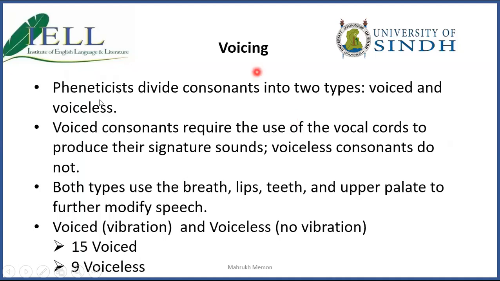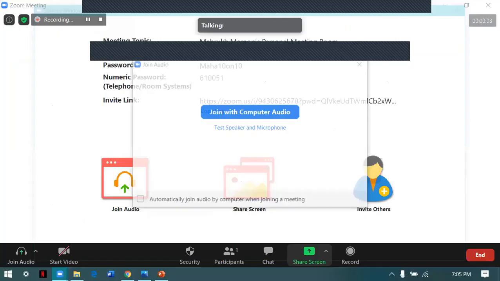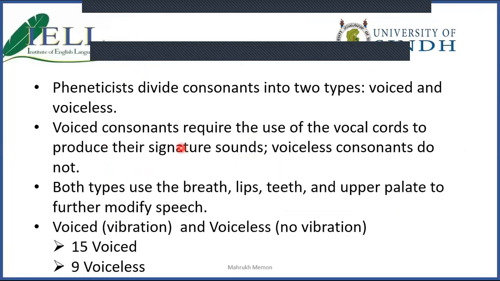So basically, phoneticians divide consonants according to voicing into two types, voiced and voiceless consonants. Voicing is basically a kind of vibration that is produced in your vocal cords while pronouncing certain sounds. If that vibration is present, the sounds are called voiced.